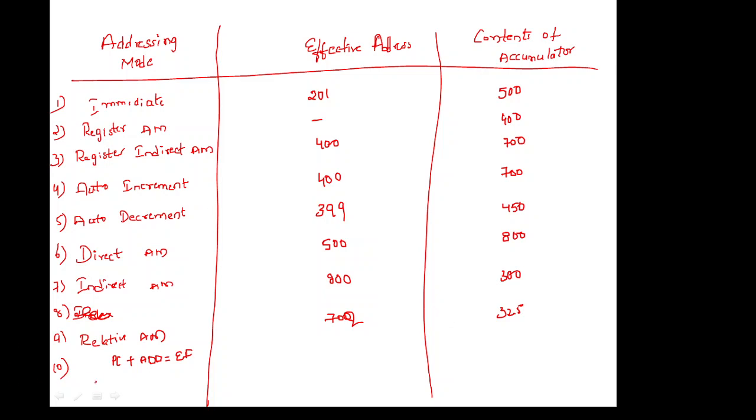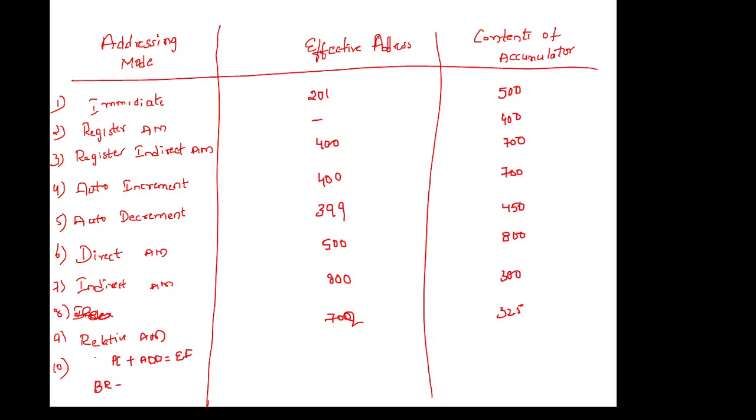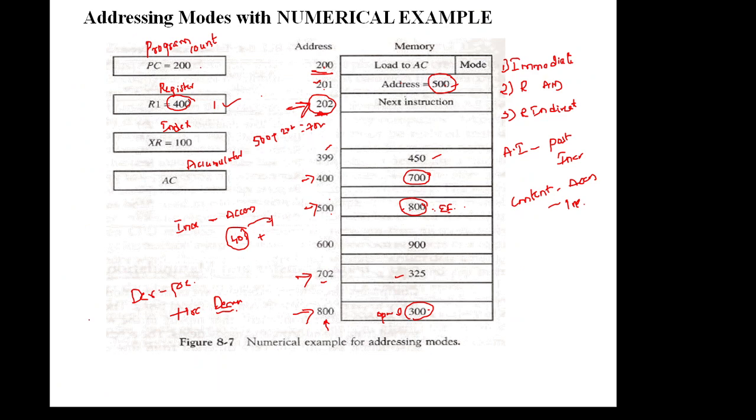And then the base register addressing mode. Here the base register, or index register, value is 100. Here 100 plus 500 is going to be 600.